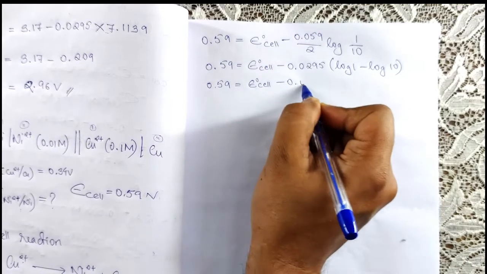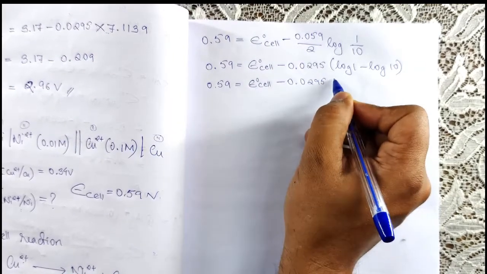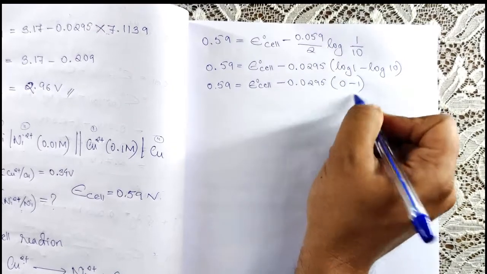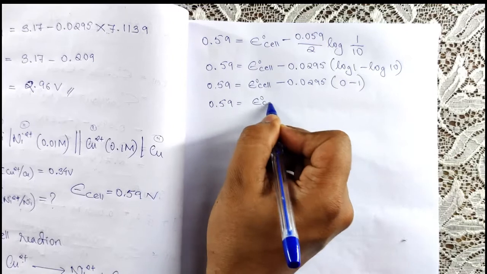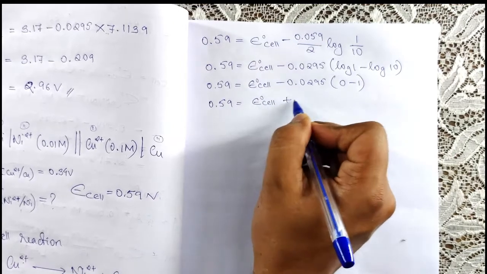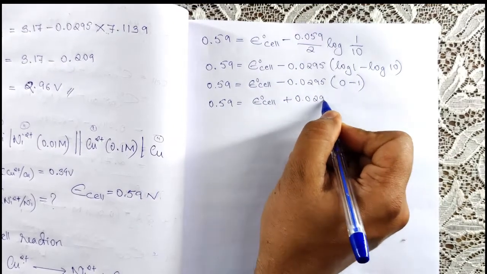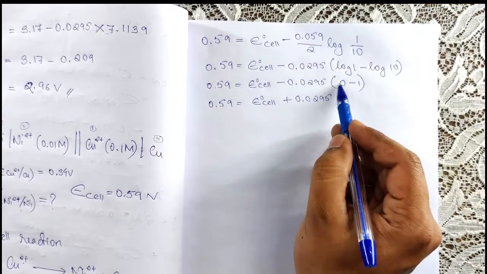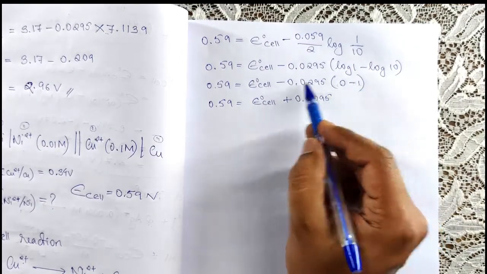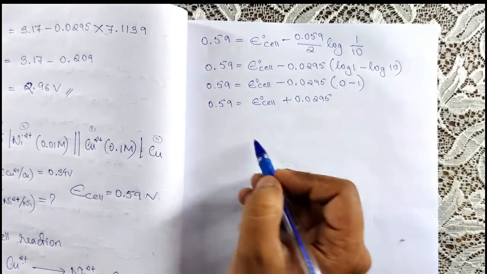Log 1 is 0, log 10 is 1. So you'll have 0 minus 1. So 0.59 is equal to E naught cell plus 0.0295. Since out here if you multiply with 0, this will be 0. Again, if you multiply with 1, minus into minus will be plus.